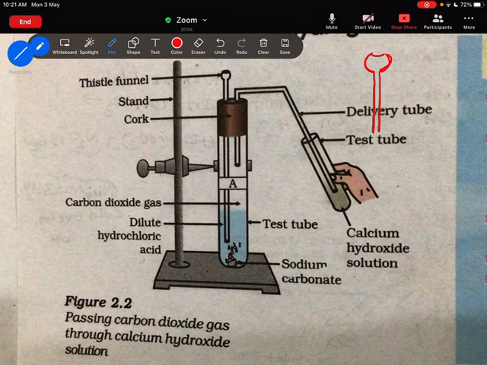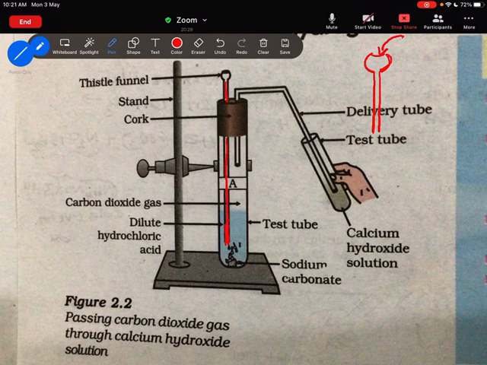It's a long tube, so through this we are putting this dilute hydrochloric acid, and the tube reaches down until it is immersed in the aqueous solution.